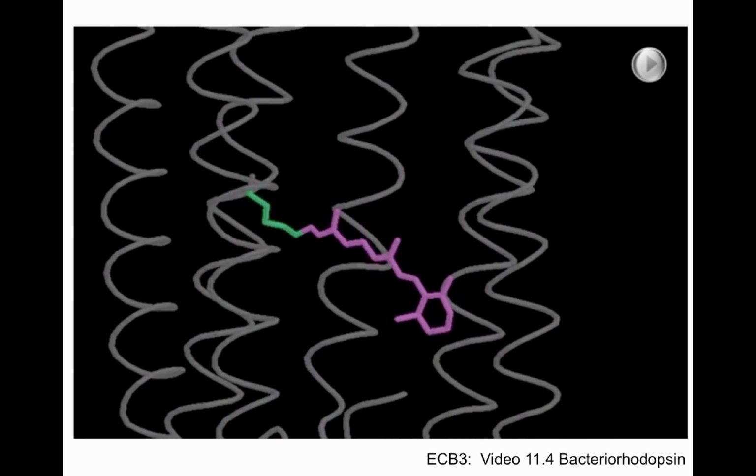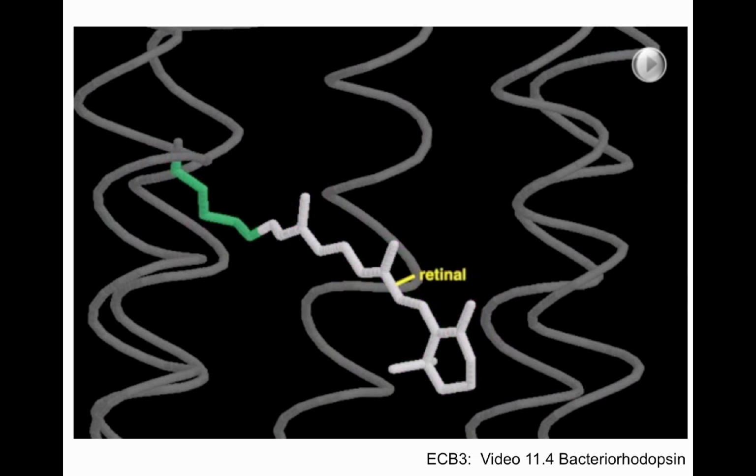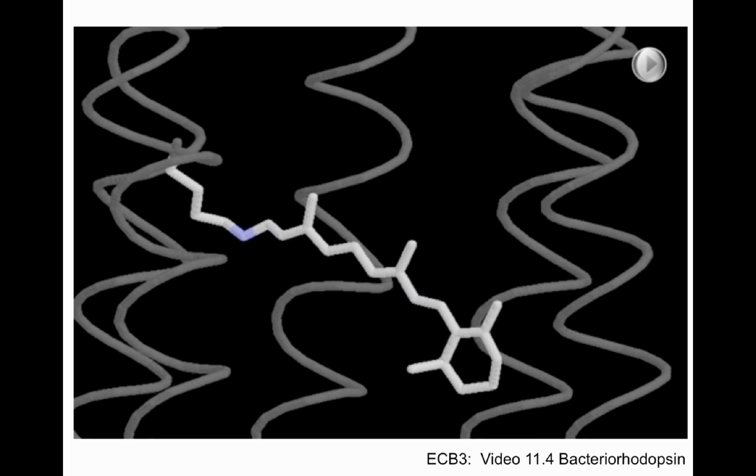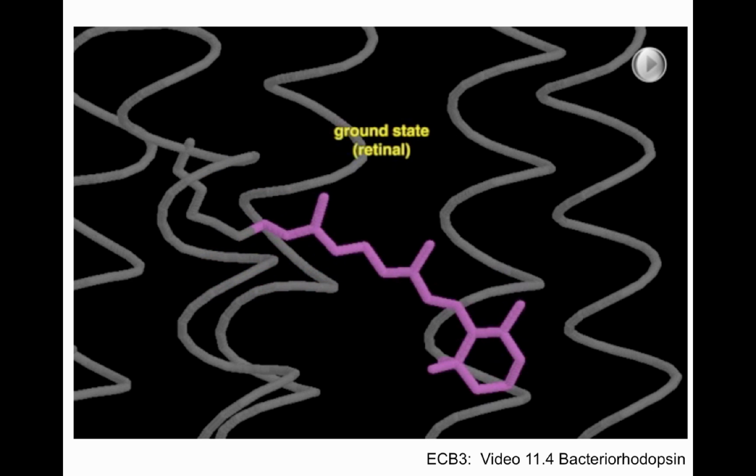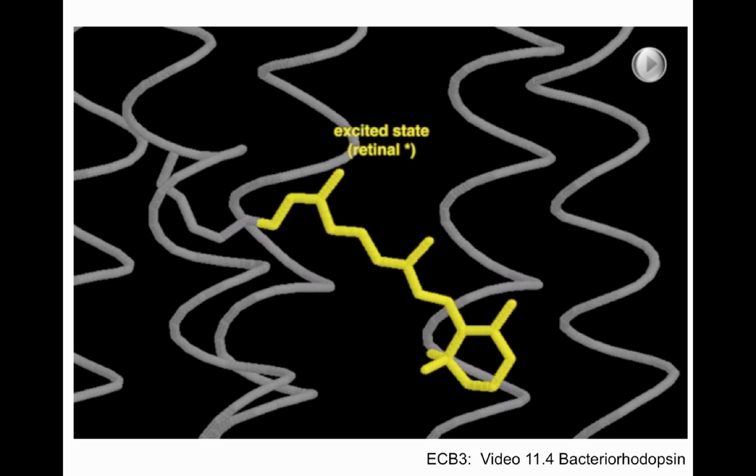Retinal is a long, unsaturated hydrocarbon chain that is covalently attached to a lysine side chain of the protein. When retinal absorbs a photon of light, one of its double bonds isomerizes from a trans to a cis configuration, thus changing the shape of the molecule. The change in retinal's shape causes conformational rearrangements in the surrounding protein.